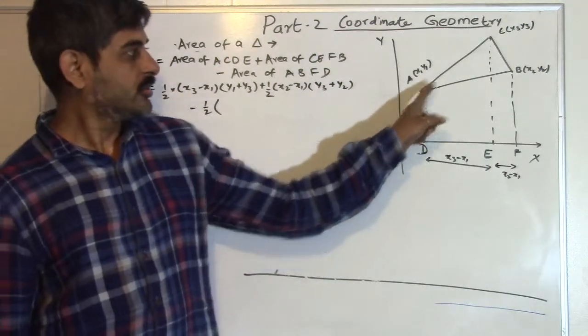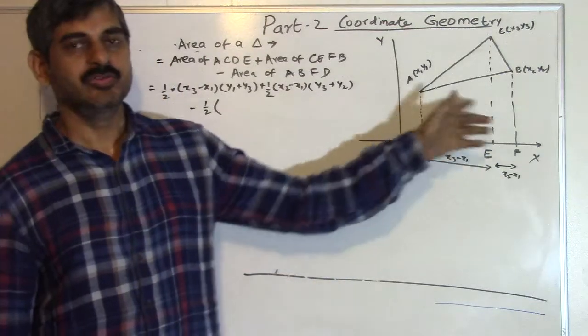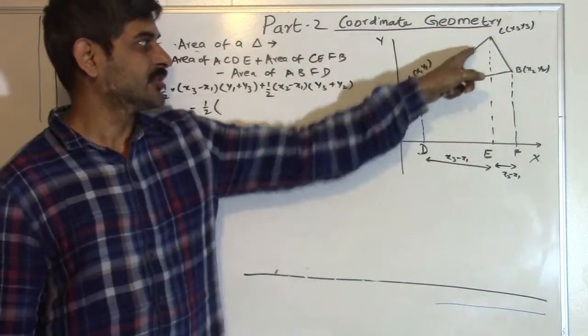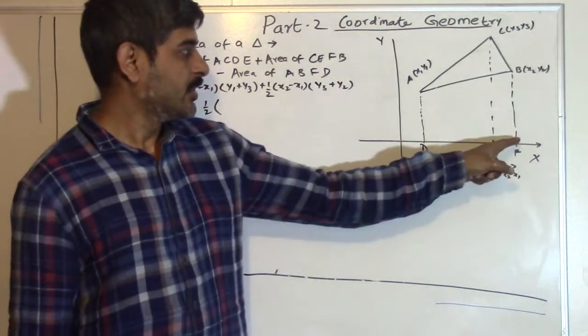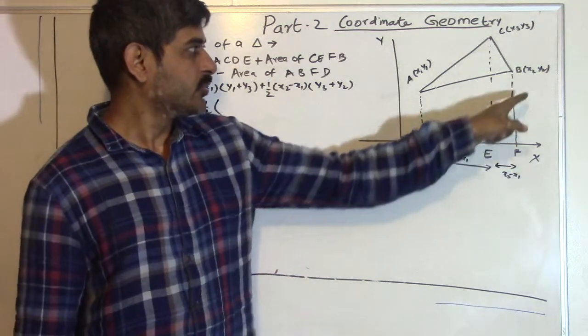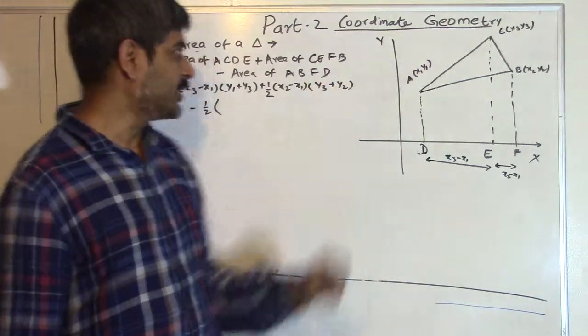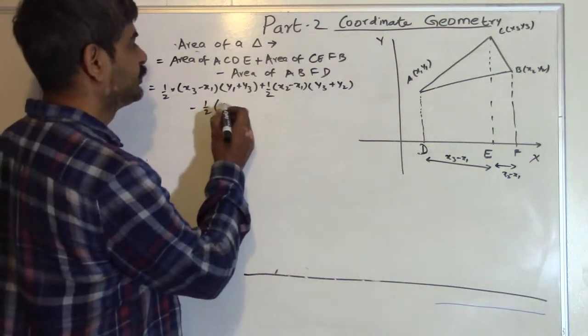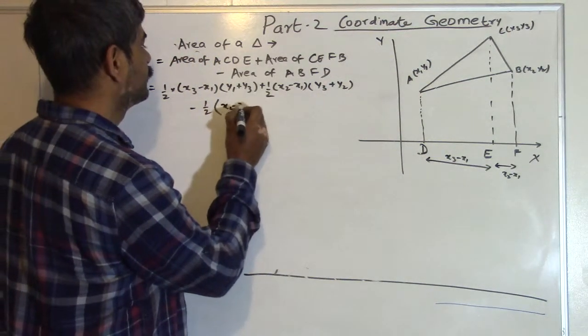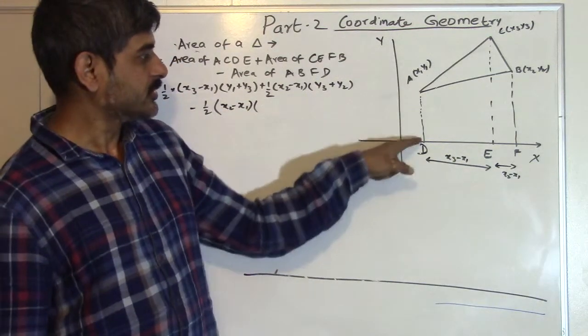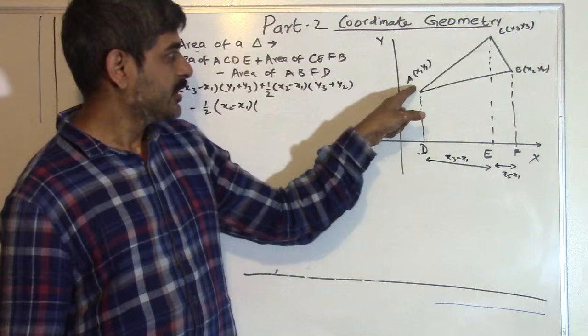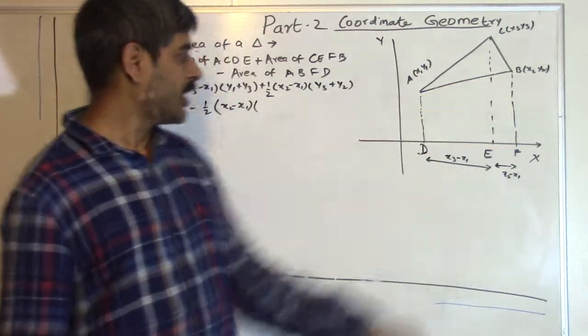Now we focus on this area, and we need to subtract it. That will give us the area of this triangle. For this trapezoid, this length is going to be x2 minus x1, multiplied by the sum of these two lengths, y1 plus y2.